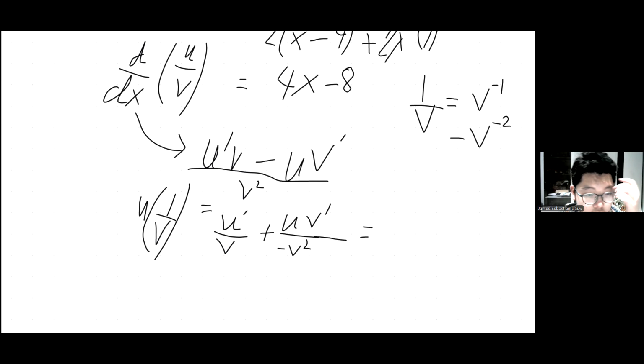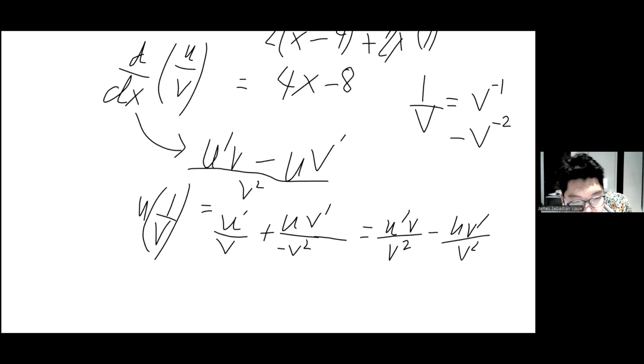And so really, if we think about it, this is just u prime v over v squared minus uv prime over v squared, which gives us this formula.